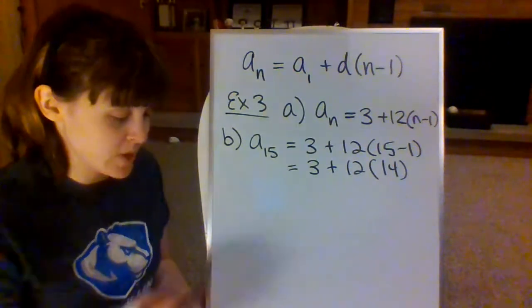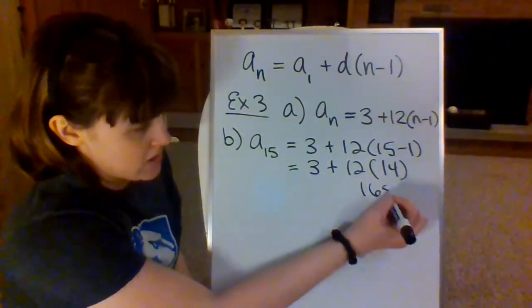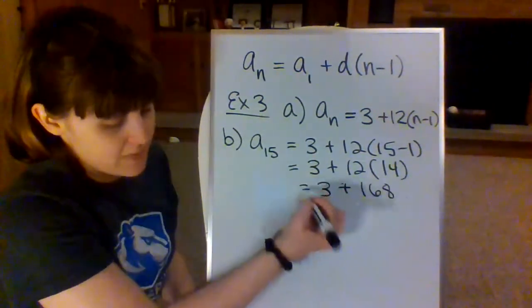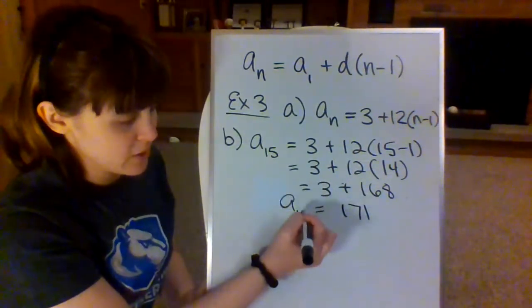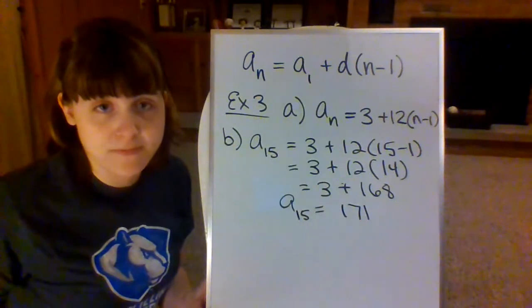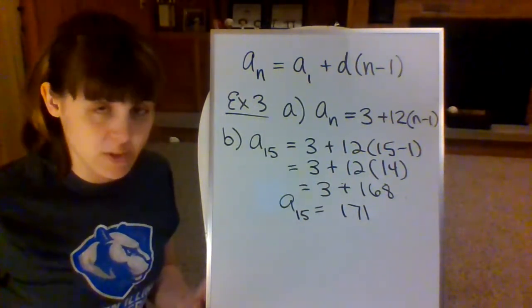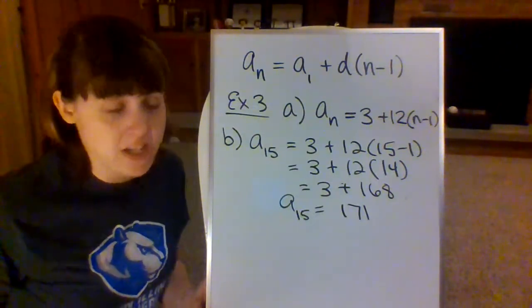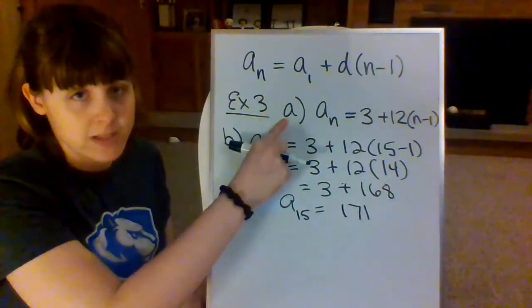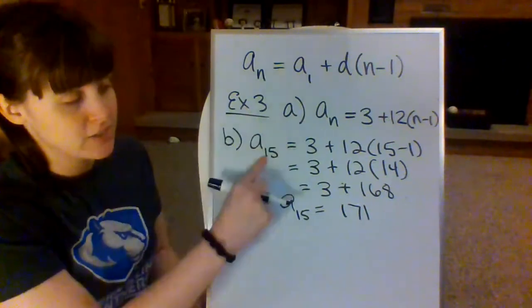So 12 times 14 is 168, plus 3 is 171. So the 15th term is 171. There they gave us the first term and the difference, and you had to write a formula. Then you had to use the formula to find the 15th term.